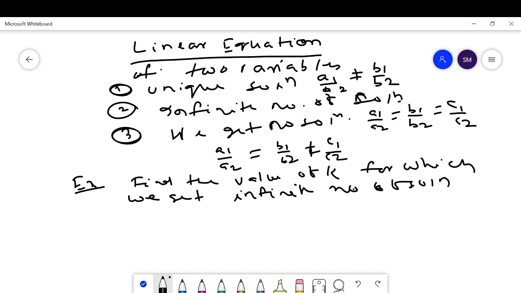In which conditions do we get an infinite number of solutions? Only when a1 upon a2 is equal to b1 upon b2 is equal to c1 upon c2.